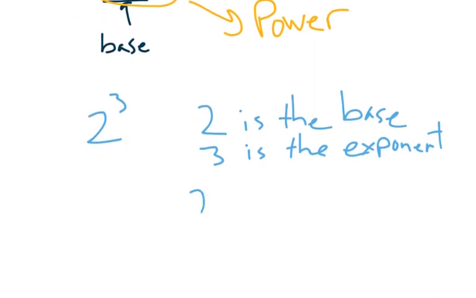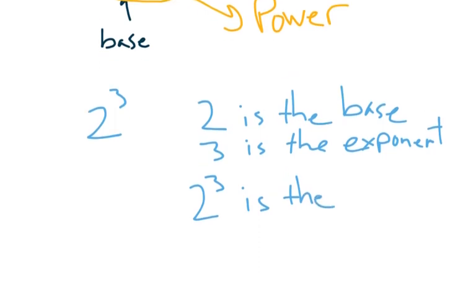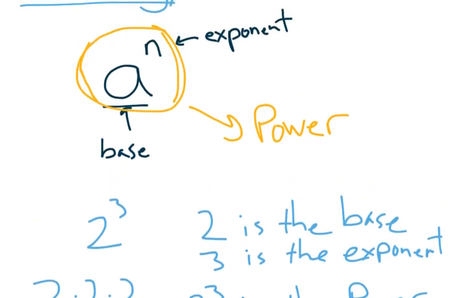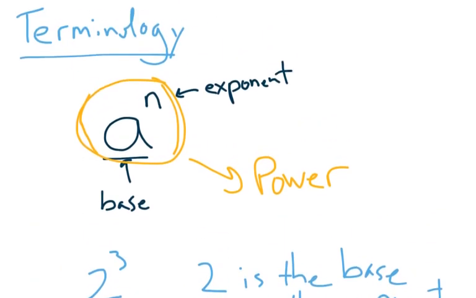The power, 2 to the third, could be considered the power. Or we could say 8, which is 2 times 2 times 2, because that's what 2 to the third means: you're multiplying 2 by itself 3 times. So again, two ways you can look at the power there. But that's our terminology: base, exponent, power.